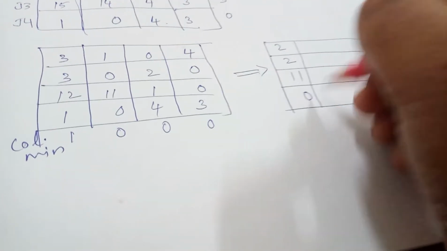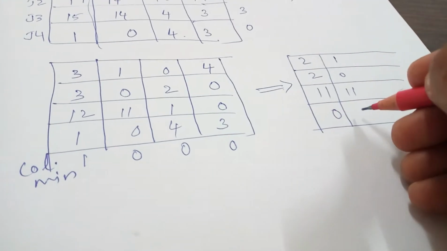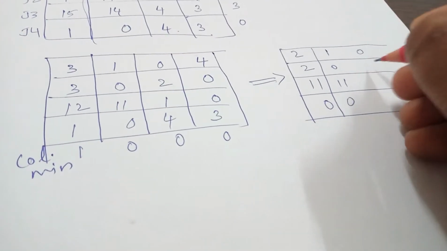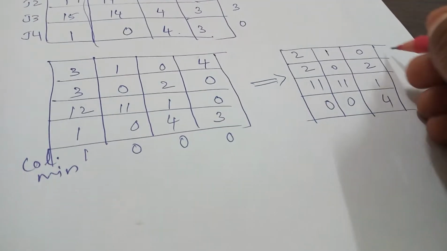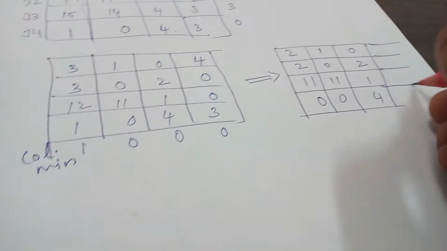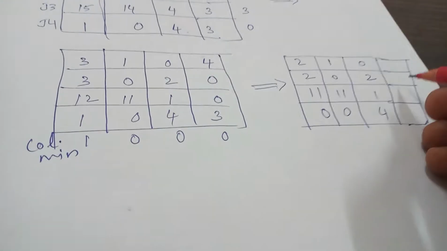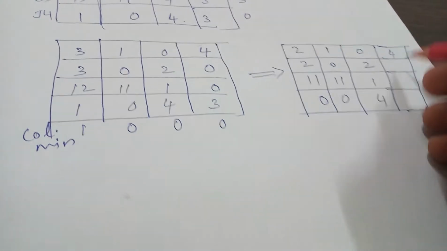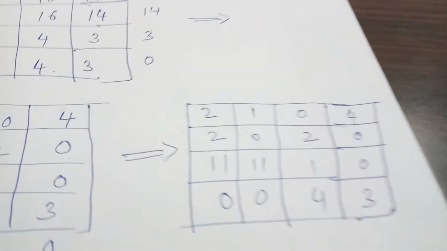And the next is the same, 1, 0, 11, 0, 0, 2, 1, 4. And the last one is 4, 0, 0, 3. Now this matrix you got.